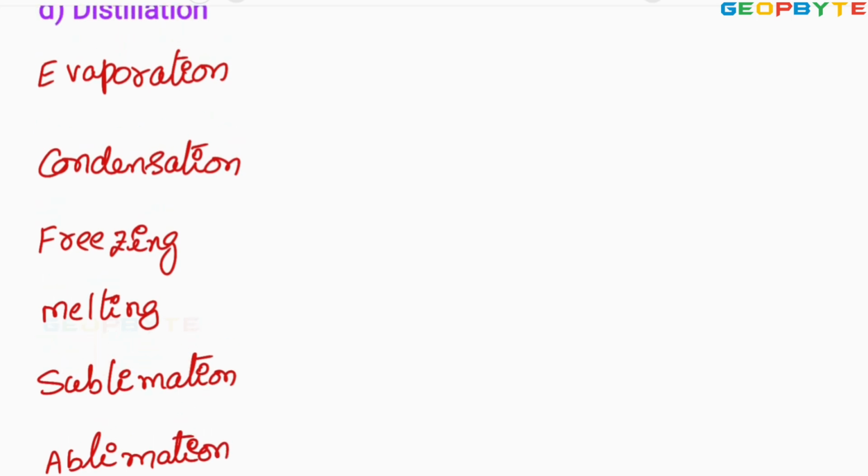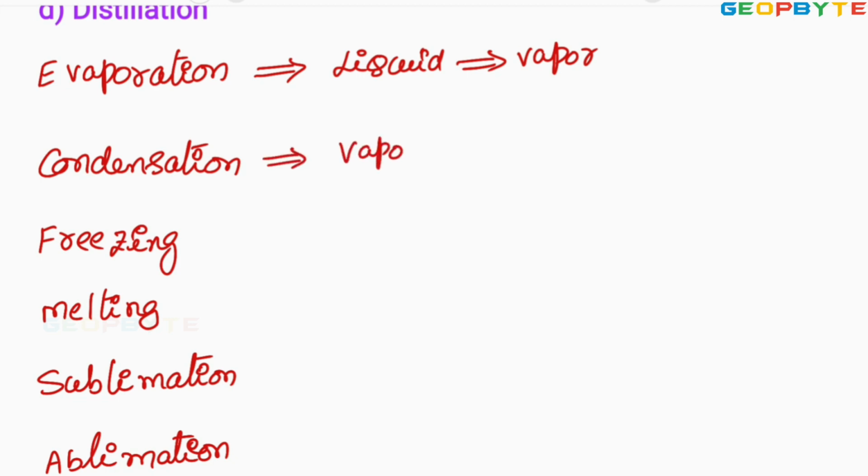Dear friends, remember, in the evaporation process, liquid turns to vapor, whereas in the condensation process, vapor is turned to liquid.